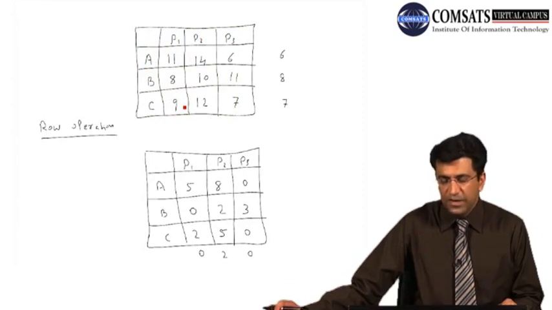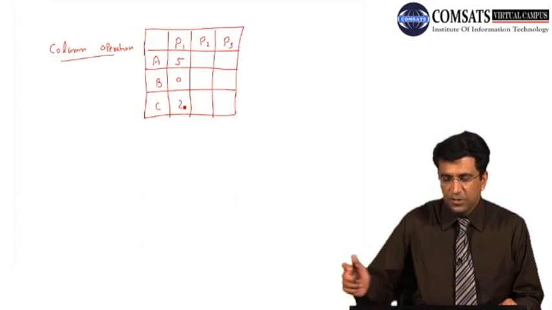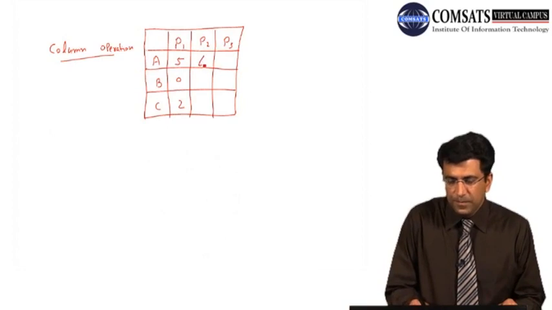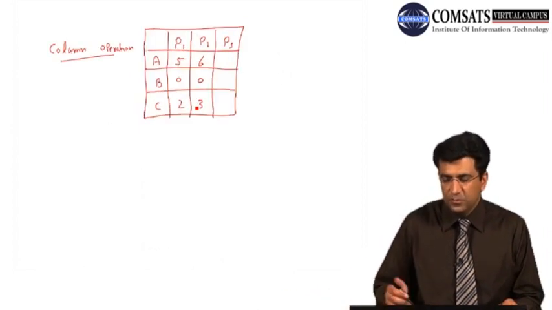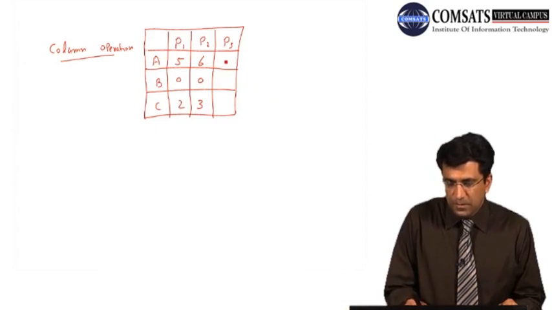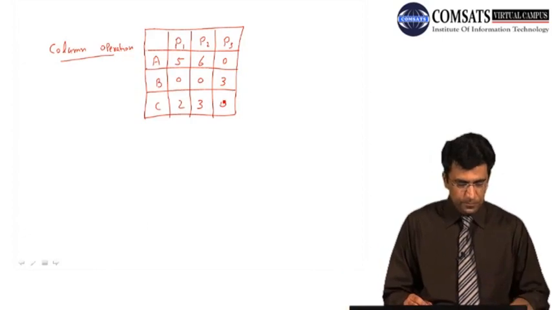If we subtract 2, 8 minus 2, 6, 2 minus 2, 0, 5 minus 2, 3. So it will become 6, 0, 3. Now again in third column the minimum value is 0. So our third column will remain same, that is 0, 3 and 0.